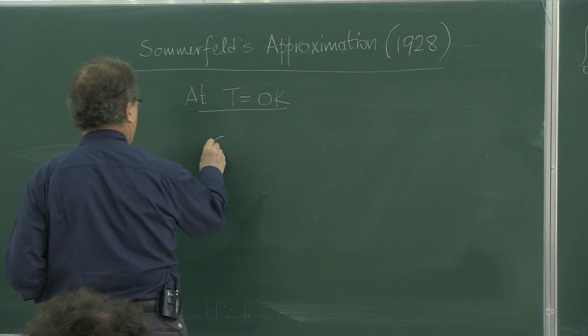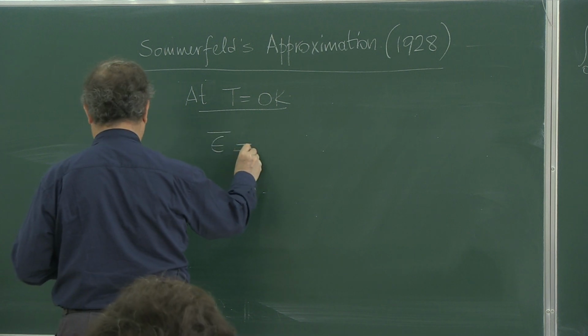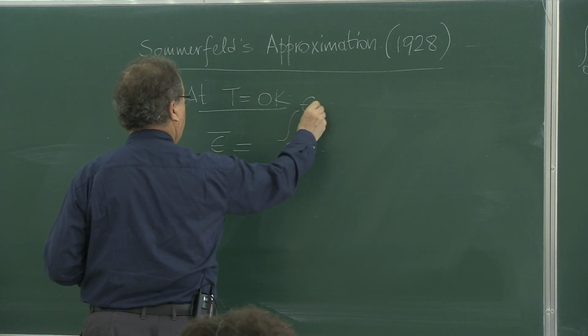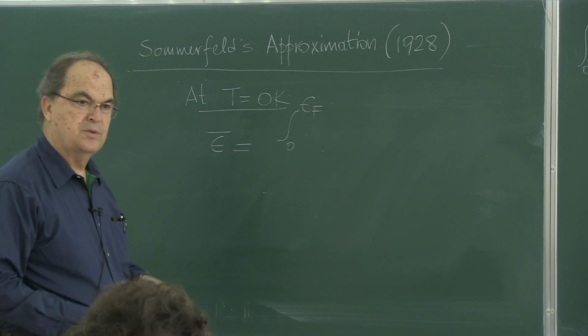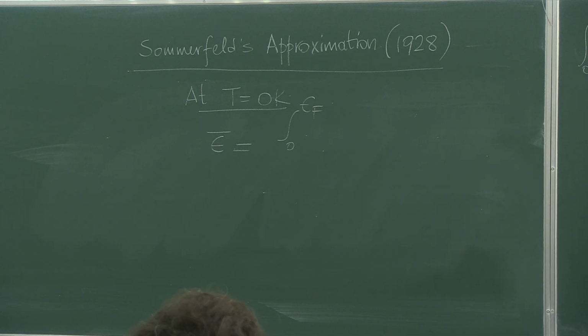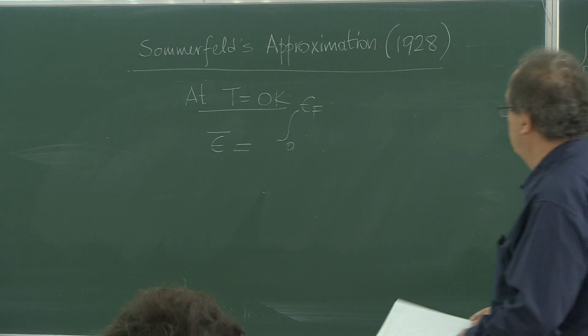For example, the average energy: now I have to integrate from 0 to the Fermi energy. Why? Instead of going to infinity, everything above the Fermi energy is empty.